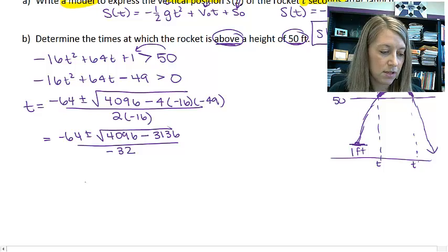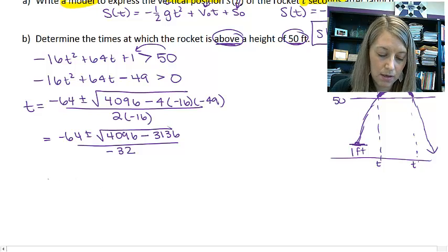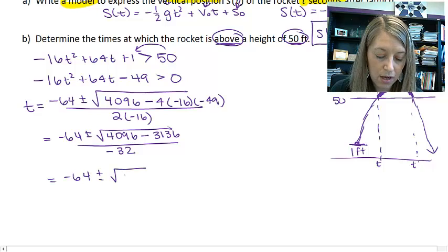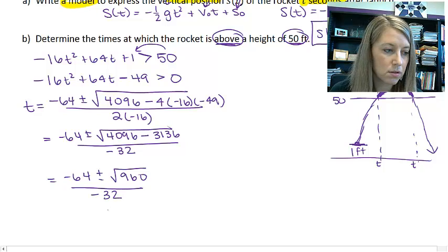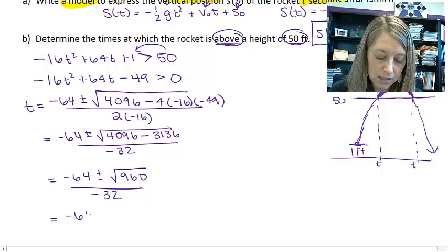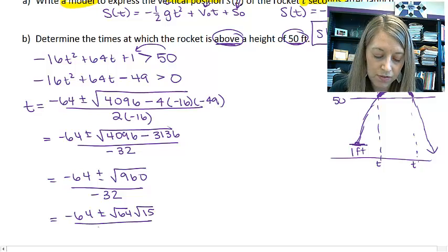So 4,096 minus 3,136 is negative 64 plus or minus square root of 960, all over negative 32. Gives me negative 64 plus or minus the square root of 960, which divides by 64, so I'm going to divide it by that. That leaves me with the square root of 15, all over negative 32.